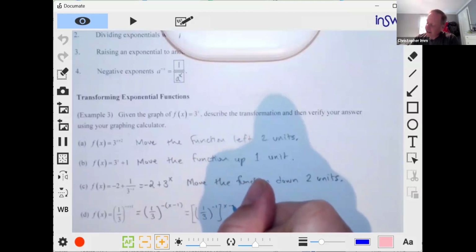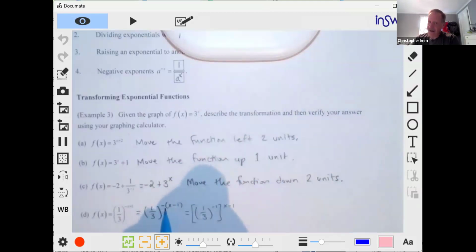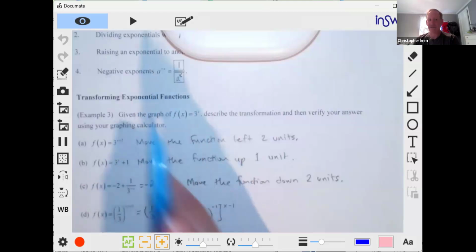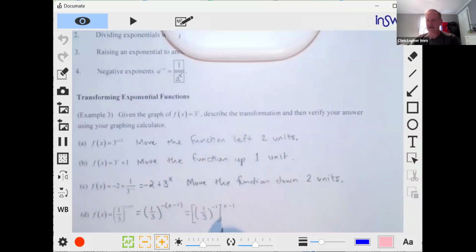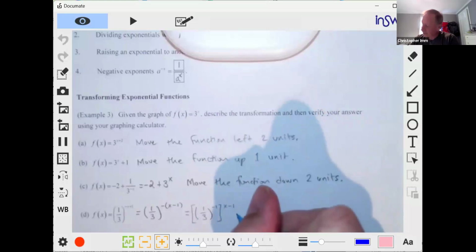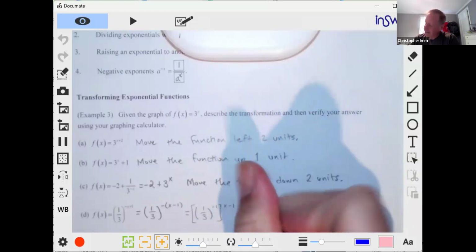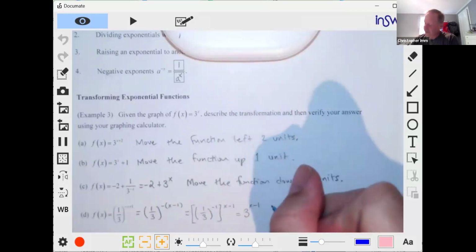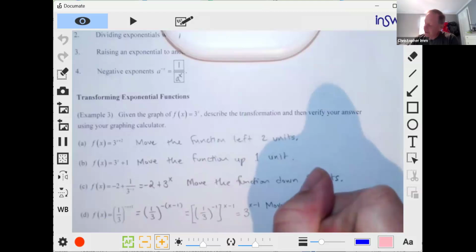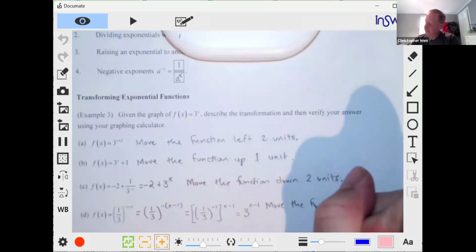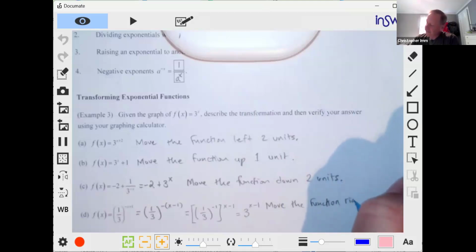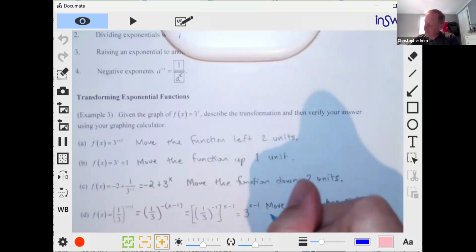So I'm turning that negative power I have here, I'm going to actually use that to make this 3 by this rule here. So when I have a to the negative 1, I just flip that and I get 3 over 1. So that's going to be 3 to the x minus 1. And now we know that's an inside change. So this is going to move the function right 1 unit.